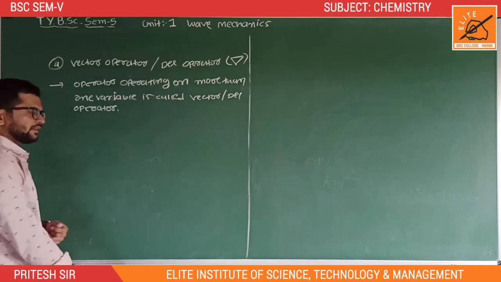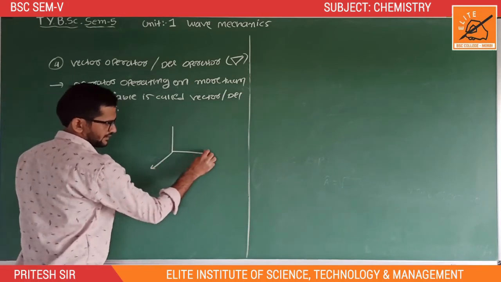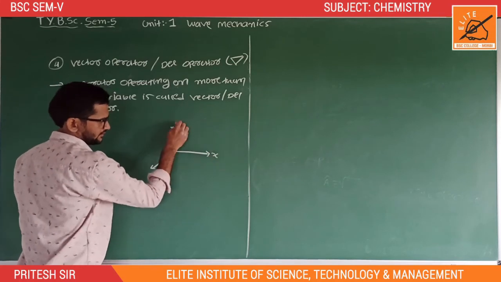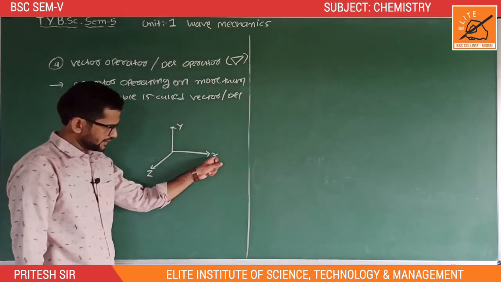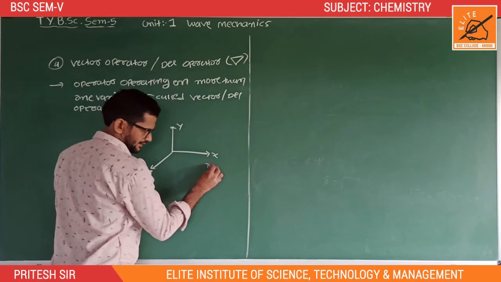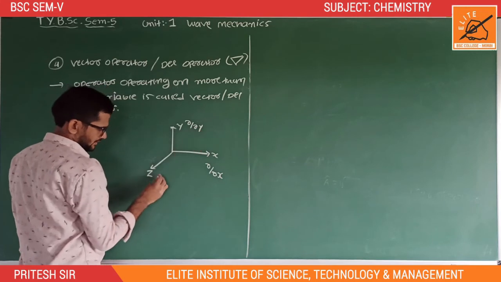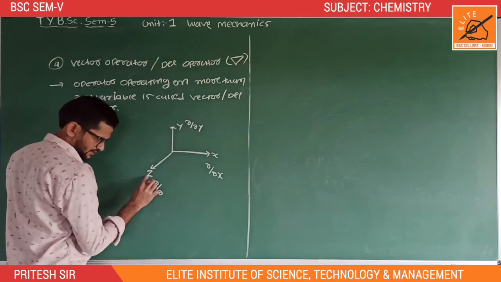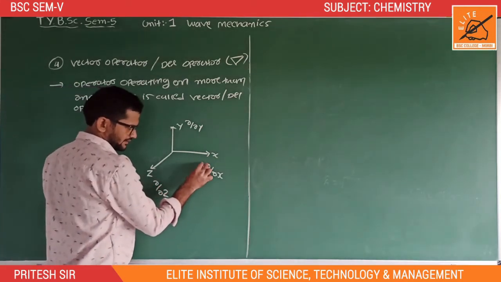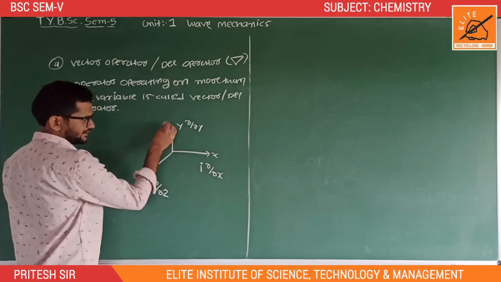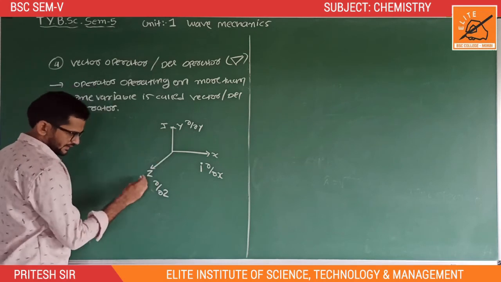Suppose in three dimensions, three axes are given. The first one is x, the second one is y, and the last one is z. Differentiation with respect to x is del by del x, with respect to y it is del by del y, and with respect to z it is del by del z. And we know the unit vector in the x direction is i, the unit vector in the y direction is j, and the unit vector in the z direction is k.